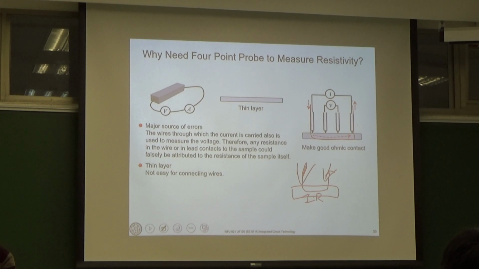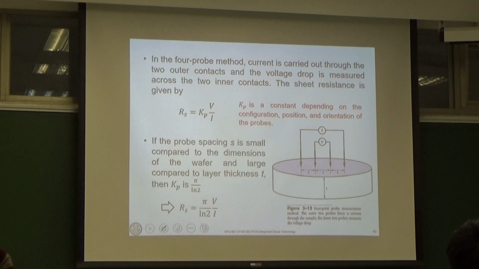So we won't have current flow through these 2 probes. Now the resistance will be this V divided by I that we forced here. In this 4-probe method, the current is carried through the 2 outer contacts, and the voltage drop is measured across the 2 inner contacts.